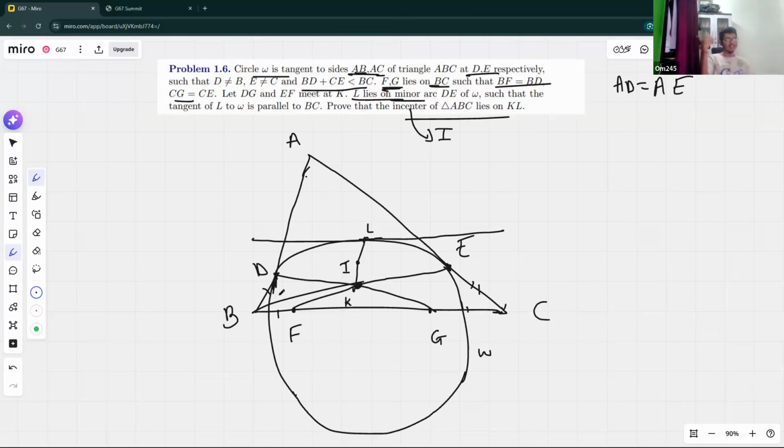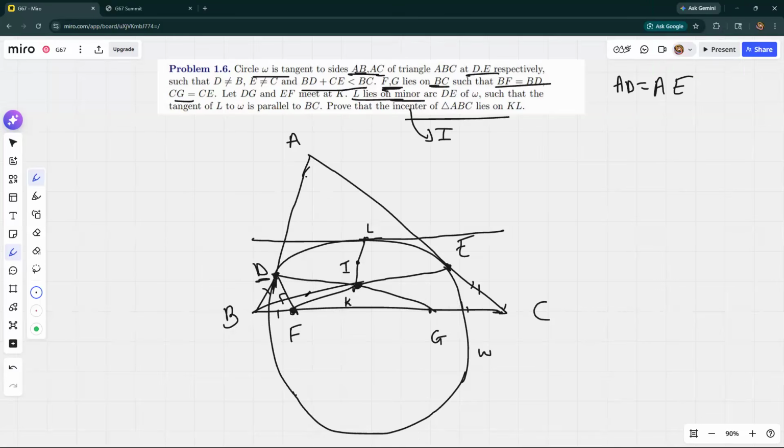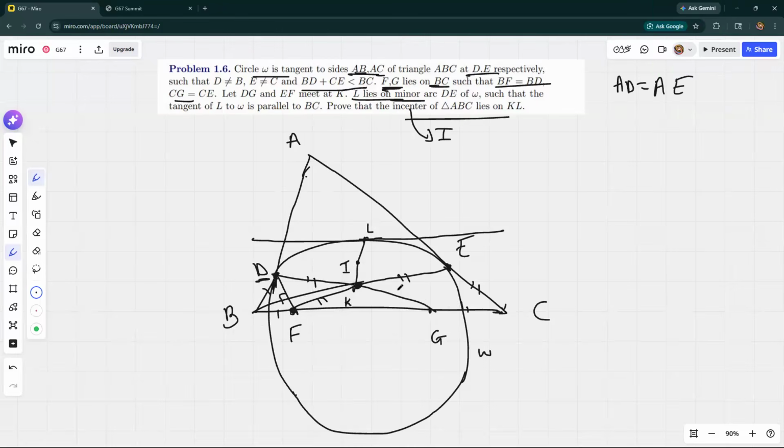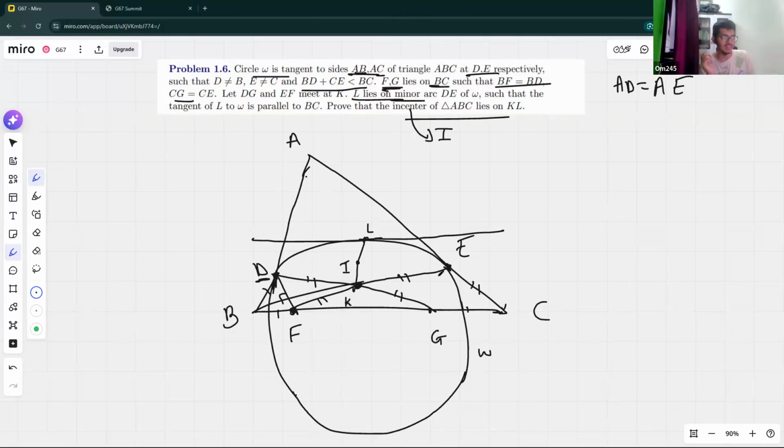BI is the angle bisector, that implies BA maps to BC in reflection over the angle bisector. We have BD equal to BF, so D is a reflection of F about BI. So it's perpendicular, and that implies this length is also equal to ID, this length equals IF, ID equals IG, and this length equal to this length.